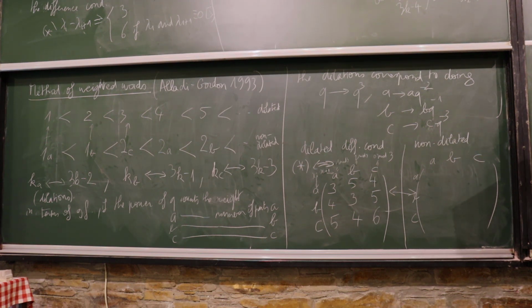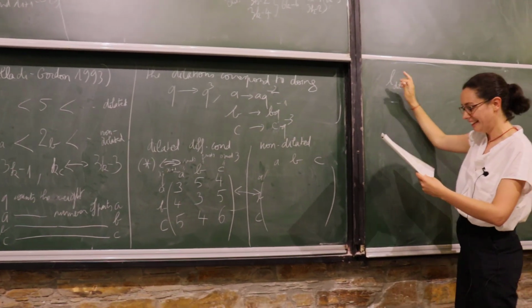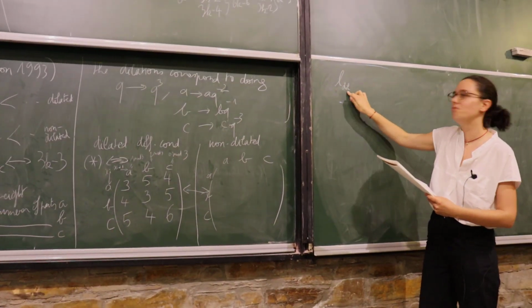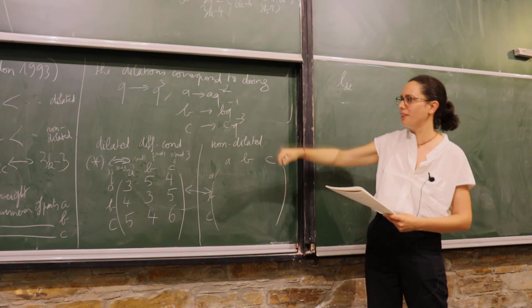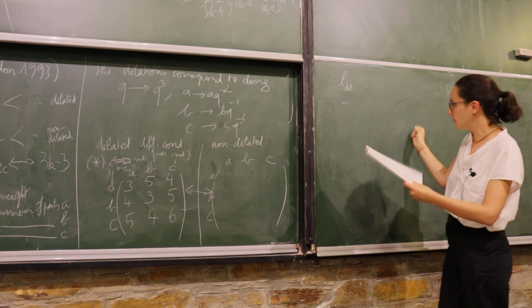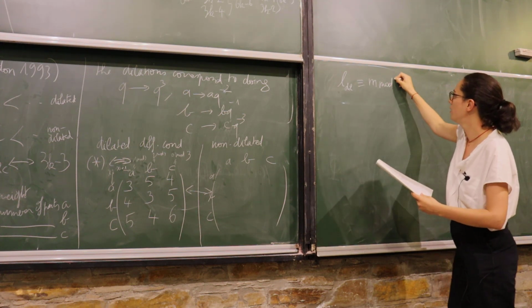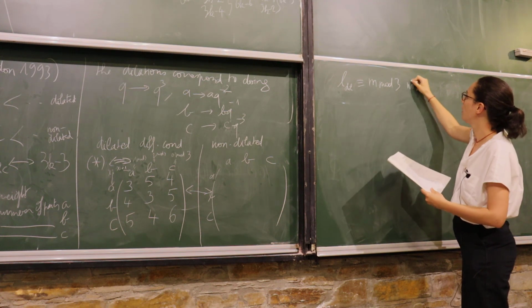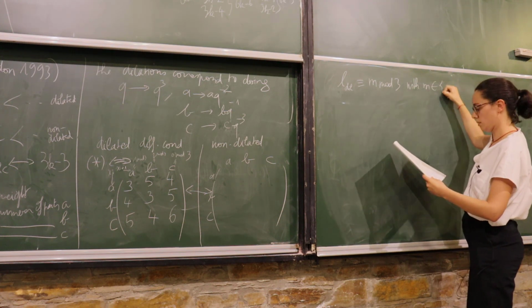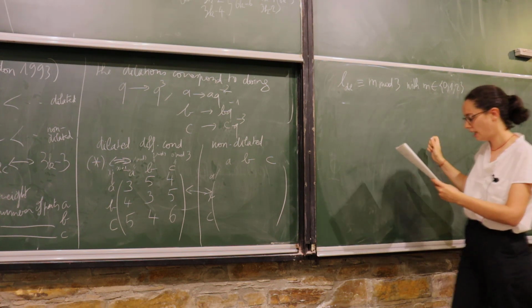So, okay, so let's say we have some part, L, and I write dil in subscript to just show that it's one of the dilated parts, to not have any confusion. So let's assume it's congruent to m modulo 3, with m being 0, 1, or 2.